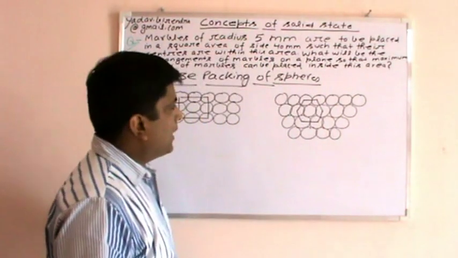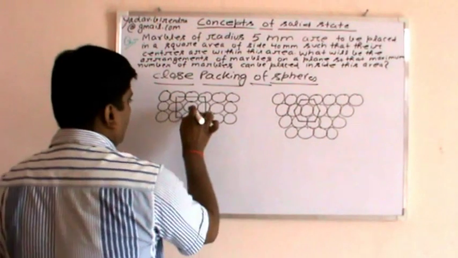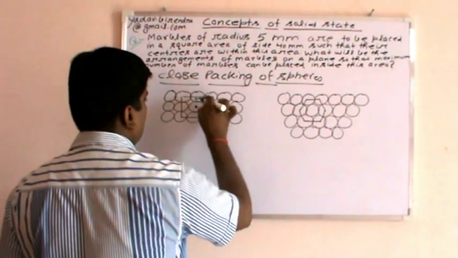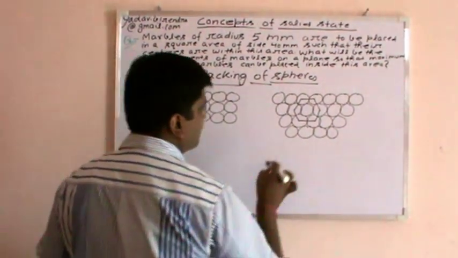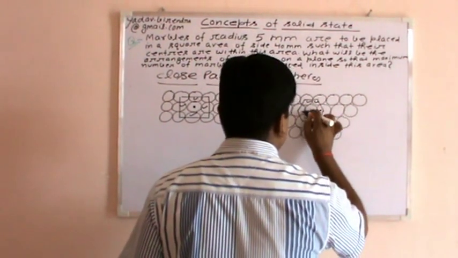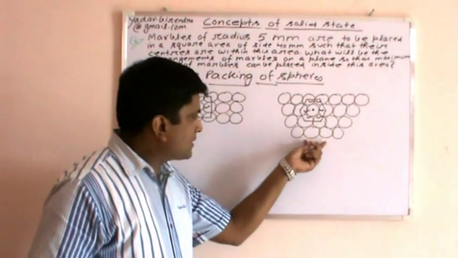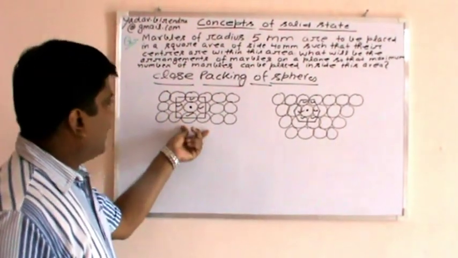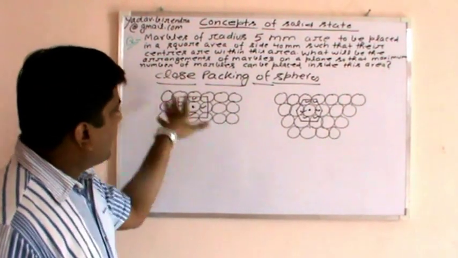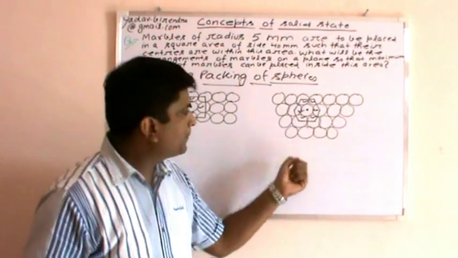This is called hexagonal close packing. If we compare the two, here one sphere is in contact with 4 spheres, while in this case one sphere is in contact with 6 spheres. The packing in this case is better than square close packing. So from the packing point of view, we can say this is more economical.